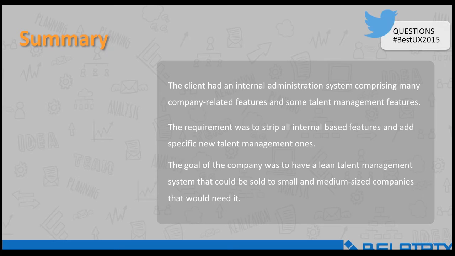So the requirement from the company was to strip all the internal based features and create new specific talent management ones. In that way, they could leverage a new talent management system, that targets small to medium-sized companies that would need it.